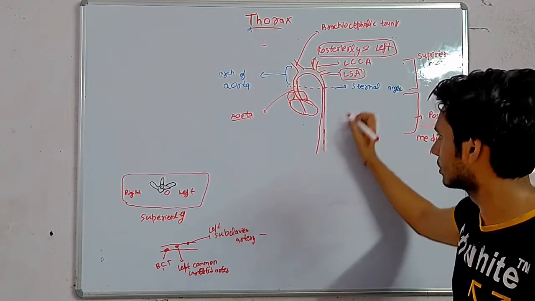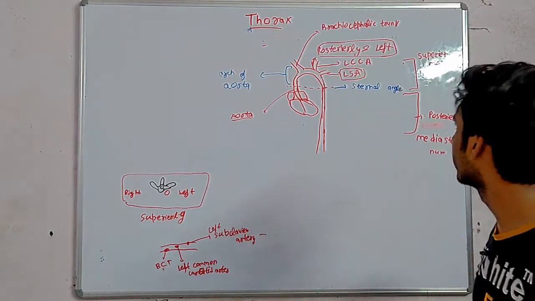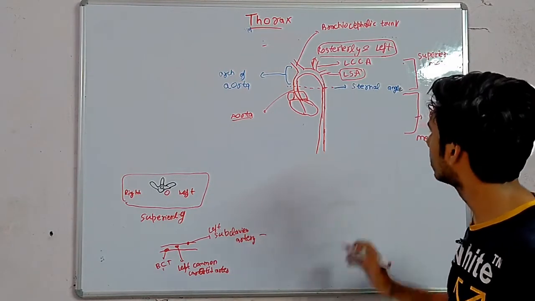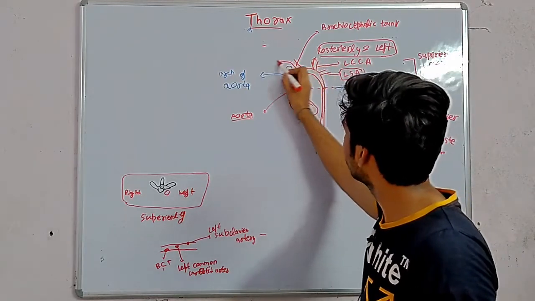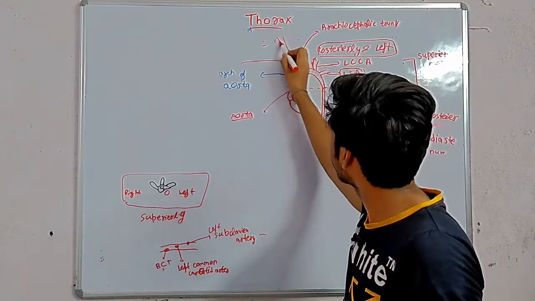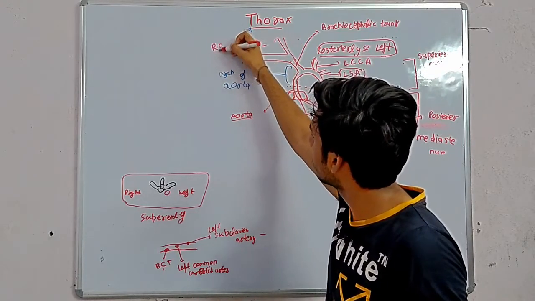Let's say this is the thorax. We know first, second, third intercostal space, like this, it goes to the 11th intercostal space. This is the left subclavian artery, and it also divided into the common carotid artery and the right subclavian artery.